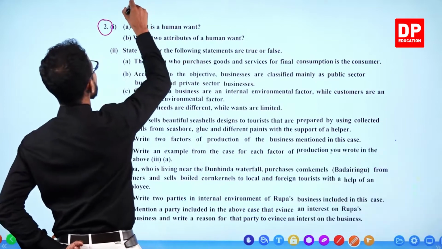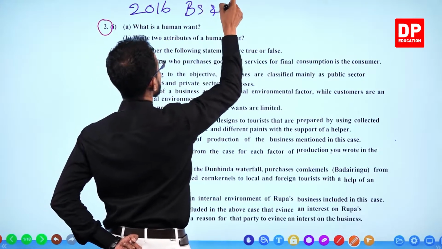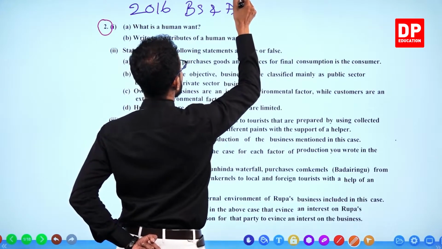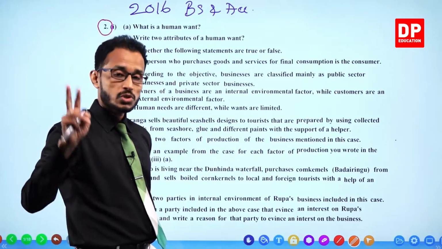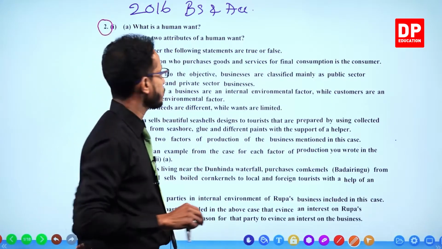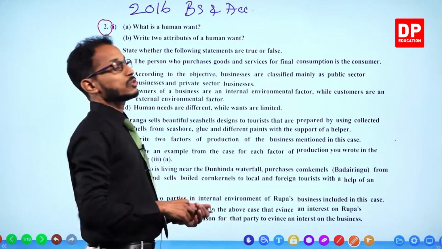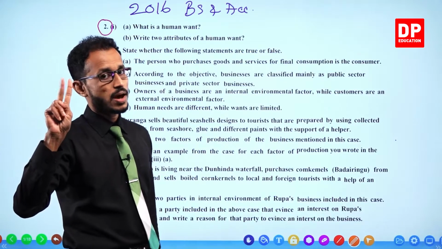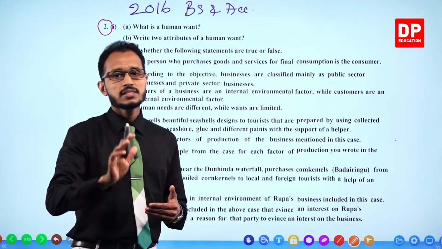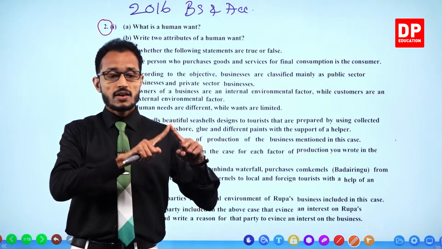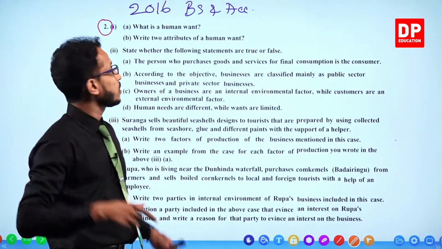That is from question number 2, and we are going to select 2 questions from each part. Because this is the business studies part, we should select 2 questions from the business studies part out of 3. And the second part is the accounting part, and from the accounting part too, we must select 2 questions out of 3.